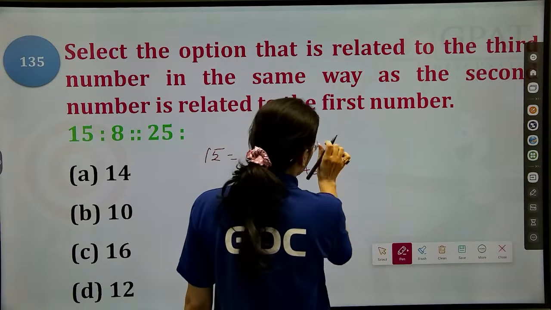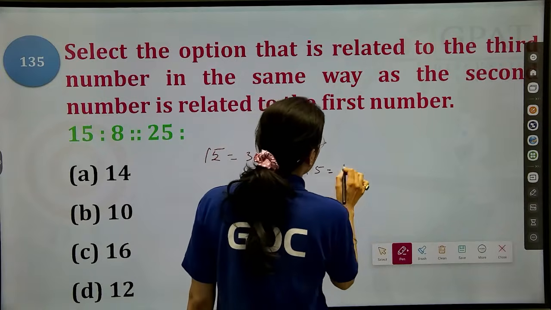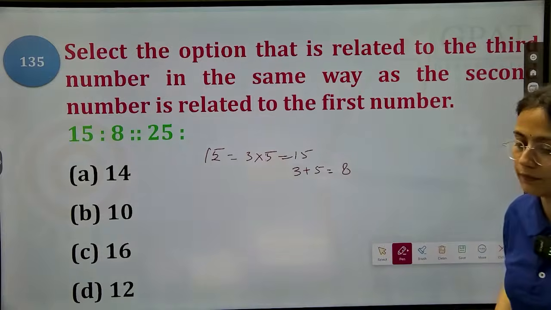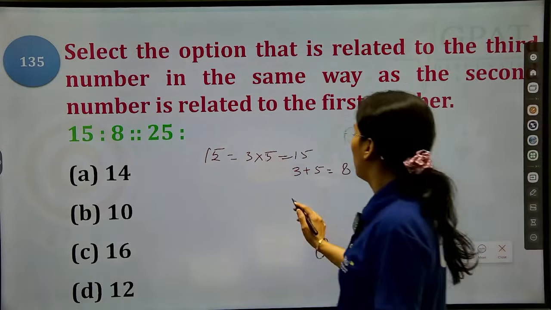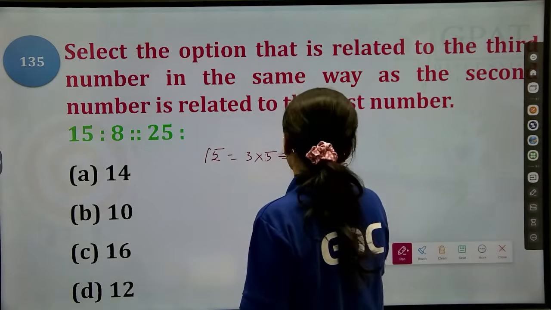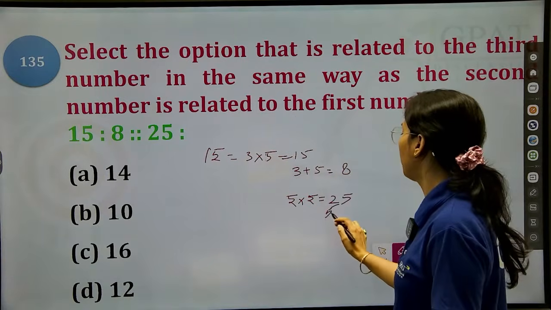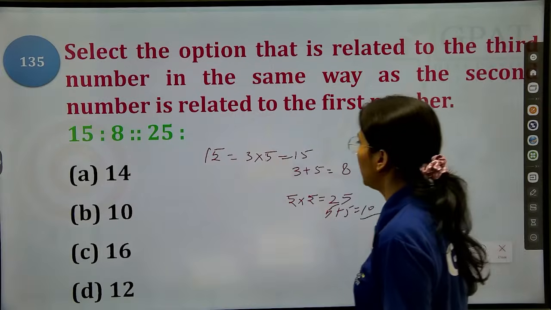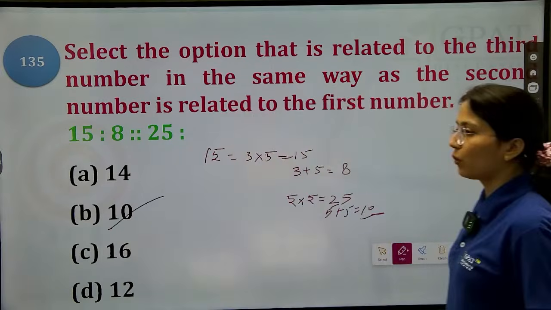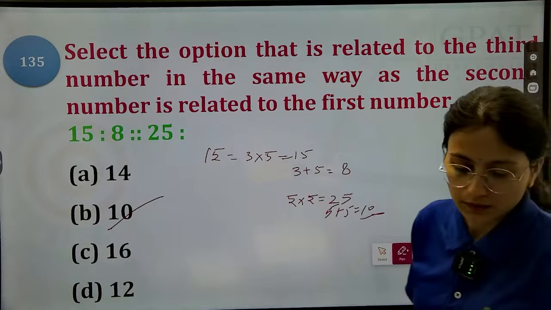That is 8. So 5 multiplied by 5 is equal to what? That is 25, and 5 plus 5 is what? That is 10. So option number B is correct.